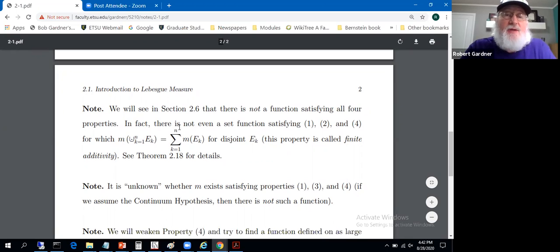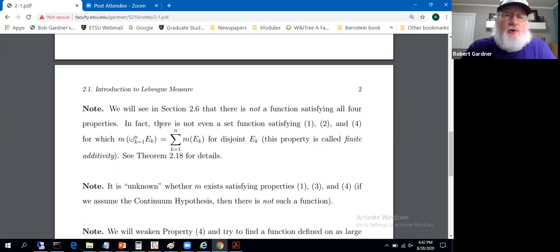In fact, not justifying these claims, taking Royden and Fitzpatrick at their word on these claims, there's not even a set function satisfying properties 1, 2, and 4, and replacing 3 with this condition. It's called finite additivity.